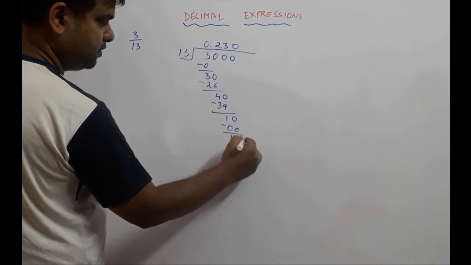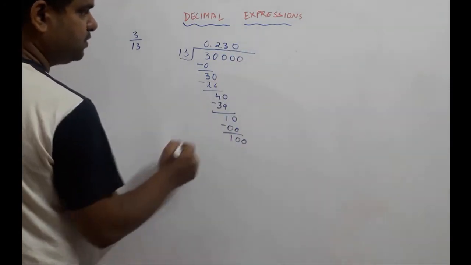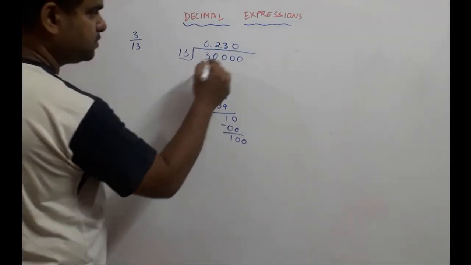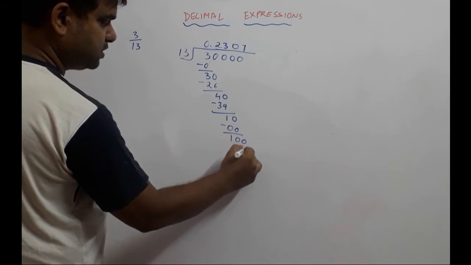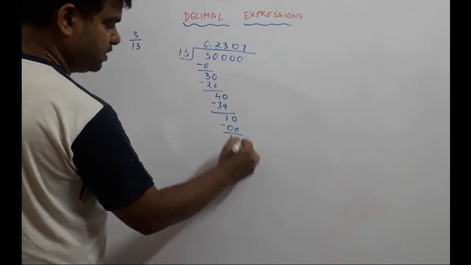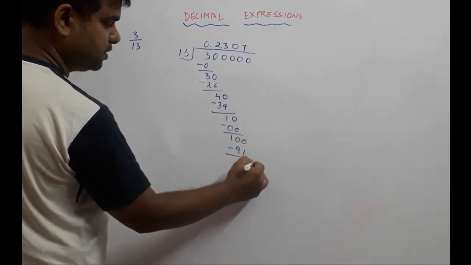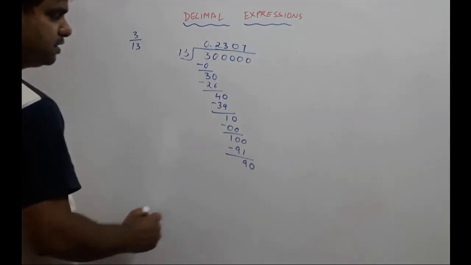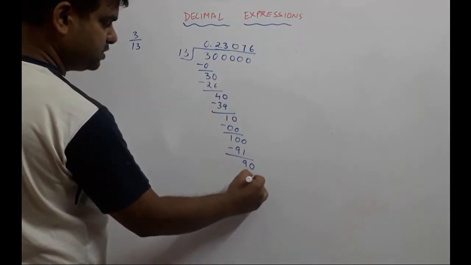So 10 we get. Put another 0, bring it down. This time we can definitely get a number. So the closest possible number will be 13 7s are, will give us 91. 100 minus 91 gives us 9. Put a 0, bring it down. Now this time we'll have to take 13 6s, which will give us 78.